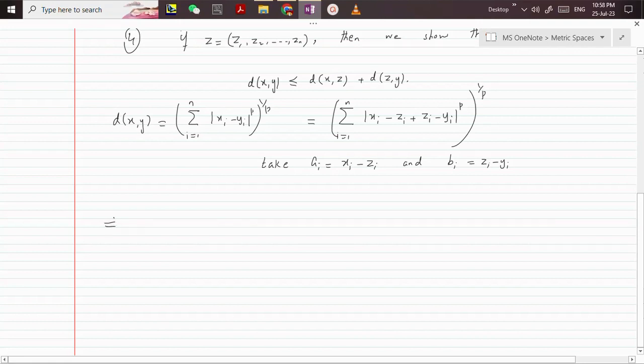This implies that d(x,y) equals, here we shall put ai and here bi, summation i from 1 to n of |ai plus bi|^p, whole power 1 by p.